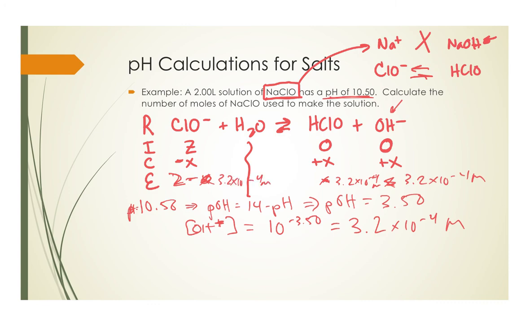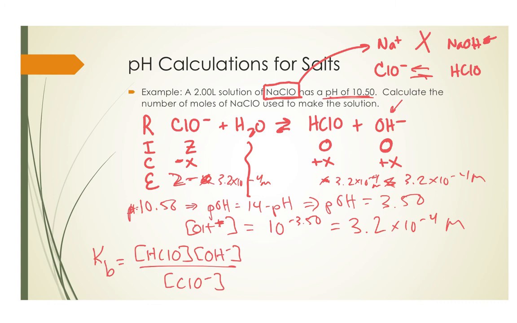All right, so then where we need to go next is Kb. So Kb equals the concentration of HClO times the concentration of OH minus all over the concentration of ClO minus. And that's going to equal the Kb value. You could look that up.